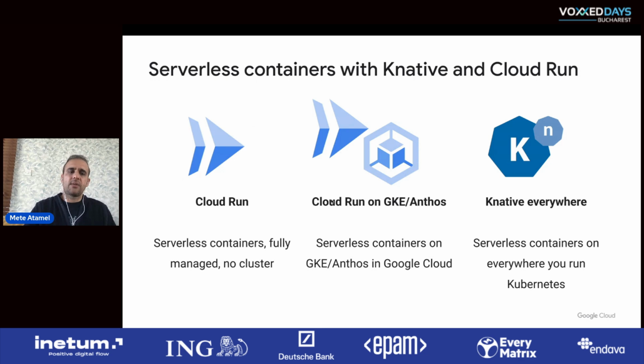On Google Cloud, Cloud Run, the fully managed service for serverless containers, is based on Knative, which is an open source project to run containers in a serverless way. So there's Knative, the open source project, and there's the managed version on Cloud Run that's on Google Cloud.